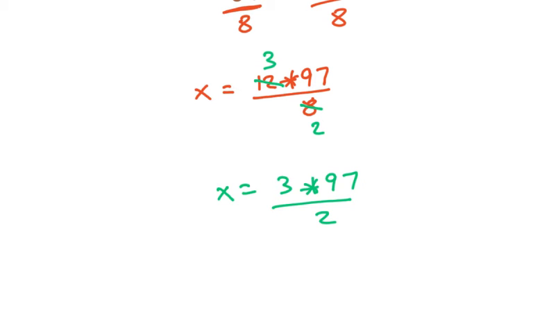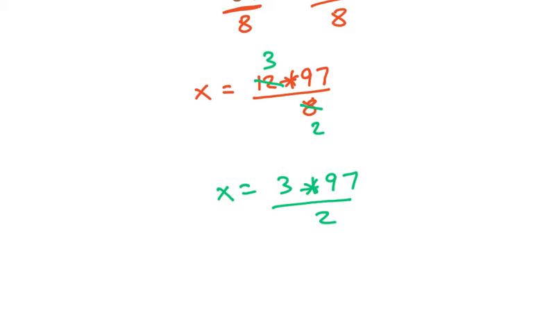As a little tidbit, I knew that whatever the number on the bottom was would not go into 97 because 97 is a prime number, and prime numbers are only divisible by themselves and 1, which is just a fancy way of saying the only thing I can break 97 down to is 1 and 97. So 2 is not going to go into 97, so we're good.